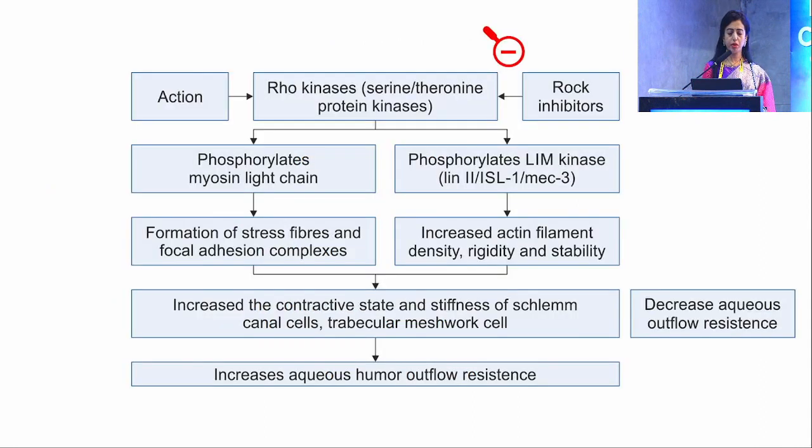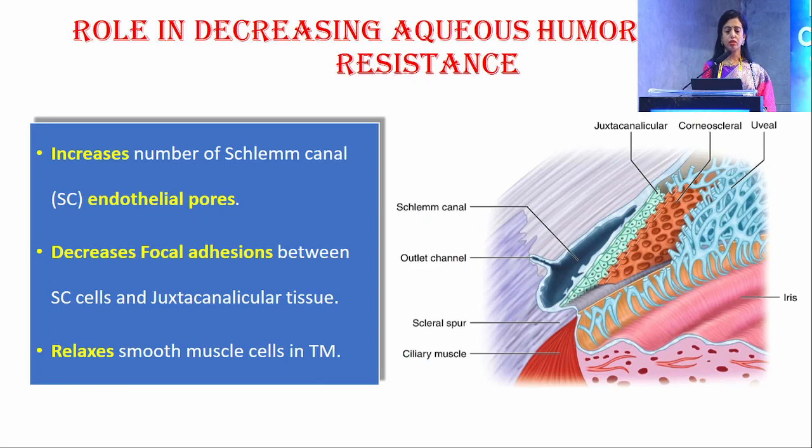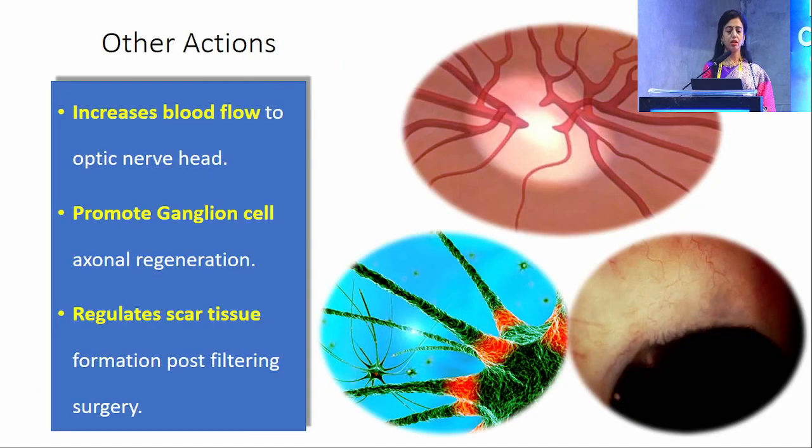The mechanism of action is that they decrease the aqueous humor outflow resistance, by increasing the number of Schlemm's canal endothelial pores, decreasing the focal adhesions between the Schlemm's canal cells and the juxtacanalicular tissue, and relaxing the smooth muscle cells in the trabecular meshwork. This in turn increases the blood flow to the optic nerve. Other actions are that they increase blood flow to the optic nerve head, promote ganglion cell regeneration and regulate scar tissue.